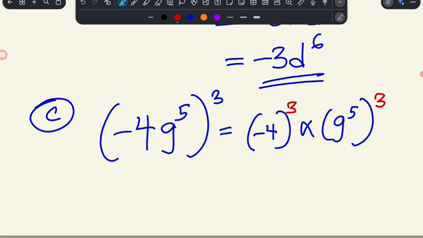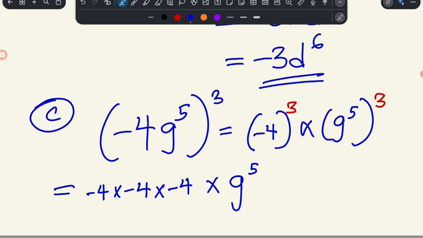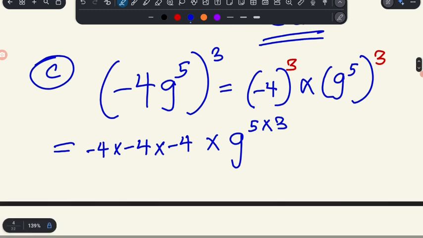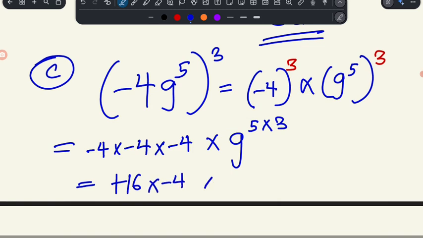So now let's continue with it to have minus 4 times minus 4 times minus 4 times g raised to power 5 times 3. So we have minus 4 times minus 4, we have plus 16, times minus 4 to multiply g raised to power 15, which will give us plus 16 times minus 4.